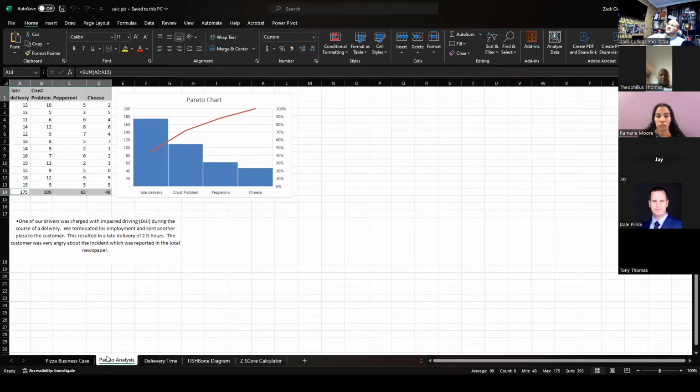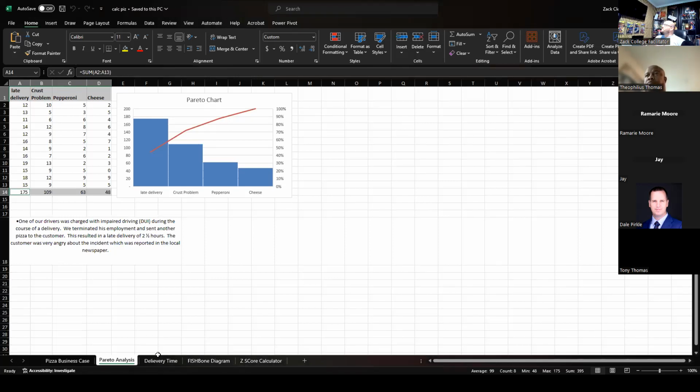But we have our Pareto chart and established that as a metric for understanding our data, right? And if I was to look at this and I said, okay, how am I going to improve these metrics? Well, that's where we can showcase and maybe record their baseline performance. What is their operation flow, right?